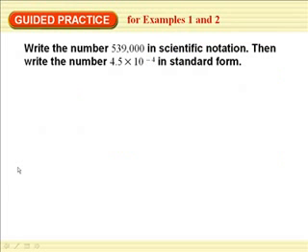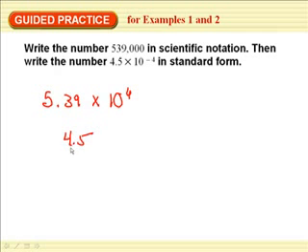Okay, write the number in scientific notation, then write the number 4.5 times 10 to the 4th in standard form. Okay, so 5.39 times 10 to the 6th, and 4.5, 4 places, 1, 2, 3, 4.